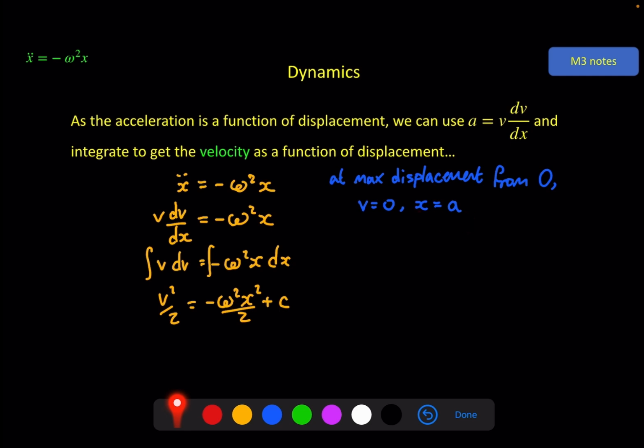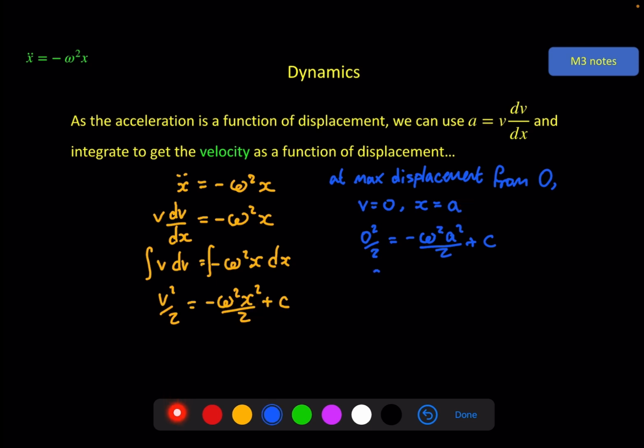So using that, we're going to say 0 squared over 2, obviously that's 0, is equal to minus omega squared a squared over 2 plus c. So when v is 0, we're going to let x equal this thing a.